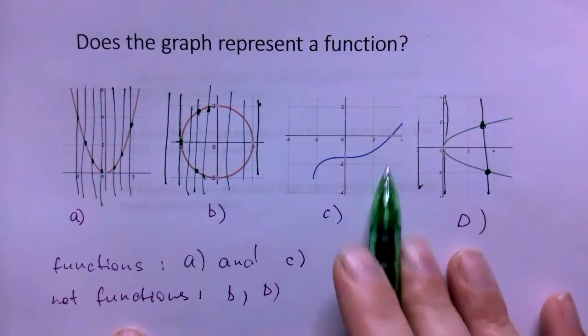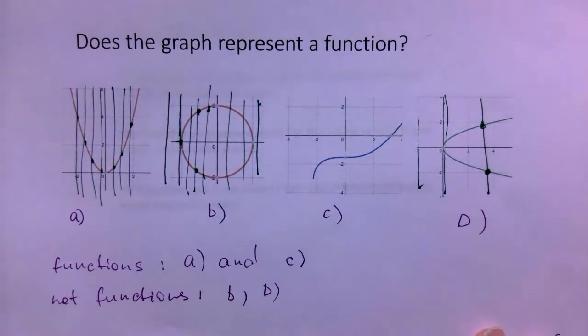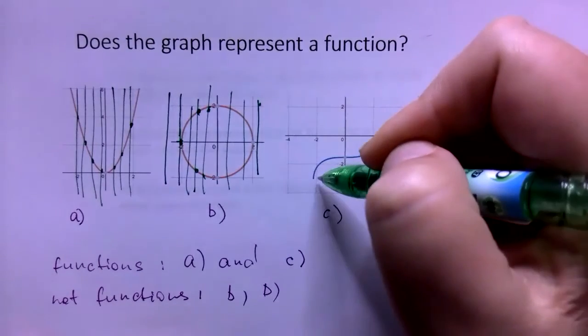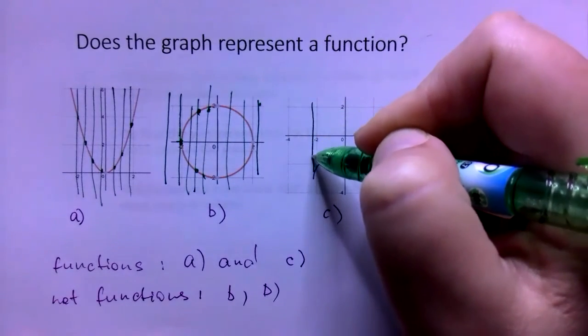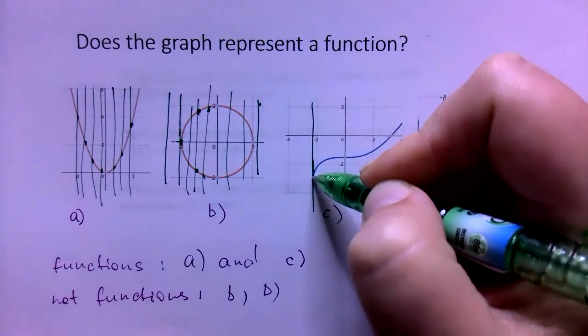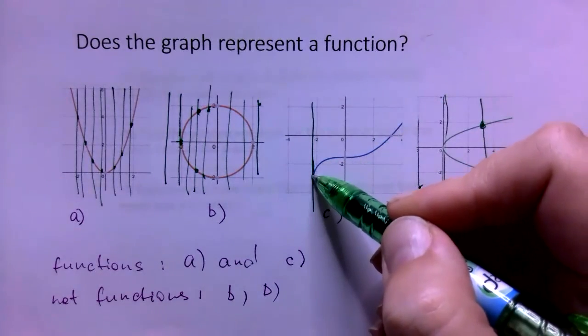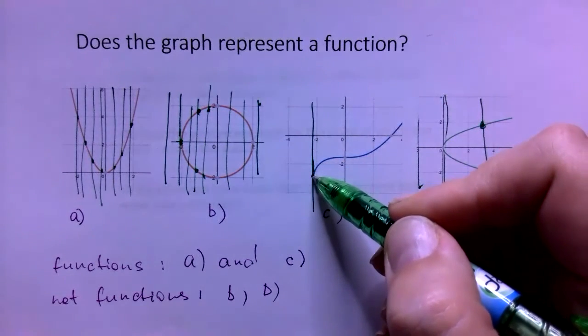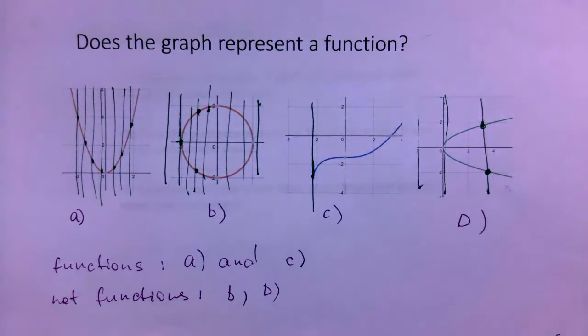Now for this one, obviously, no vertical line will hit it twice, even though it seems like it might happen here, but I believe it is a function. It's going slightly up and to the right. It doesn't go straight up. All right, I hope this helps with the vertical line test.